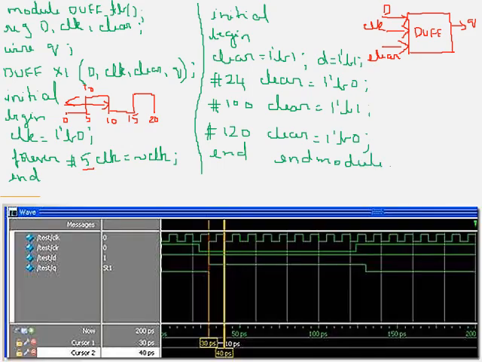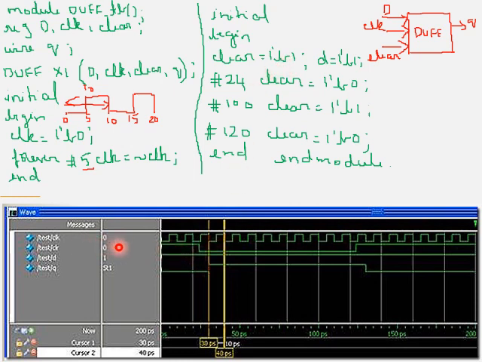So we'll see what is the output of this block. Here the clock is a continuous train of clock pulses with a time period of 10 time units. So this is 5, 10, 15, 20 and so on. After 24 time units I am making clear 0; initially I am initializing clear to 1, that means it is active high.